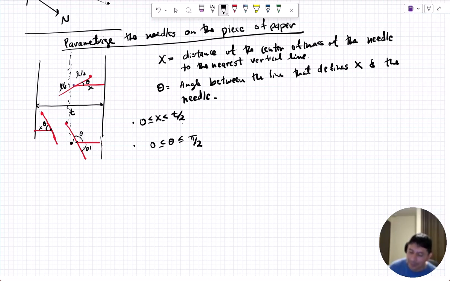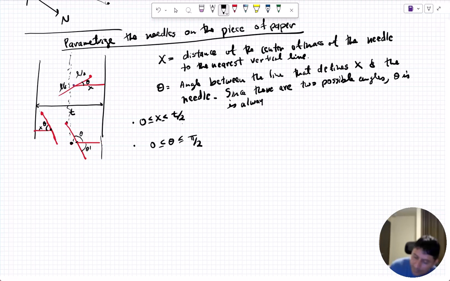So what we should really be saying is, since there are two possible angles, theta is always the smaller of the two.